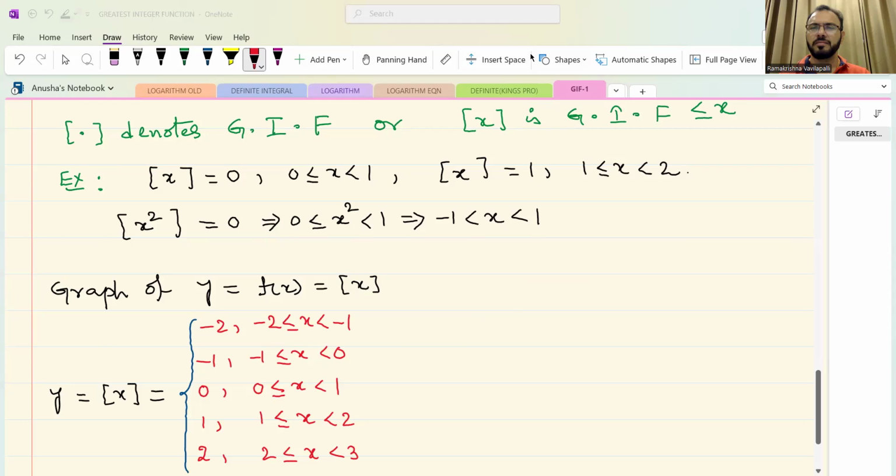But we have a limit to take: y equal to 0 between 0 and 1, y equal to 1 between 1 and 2, y equal to 2 between 2 and 3. I'll draw that graph now.